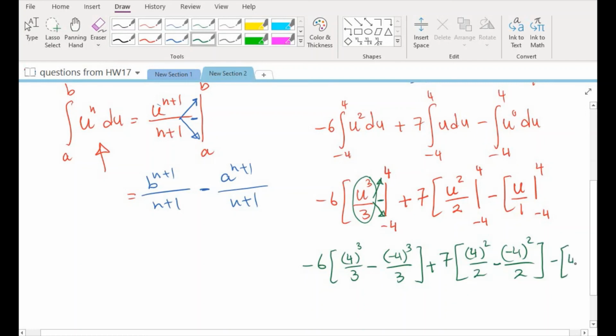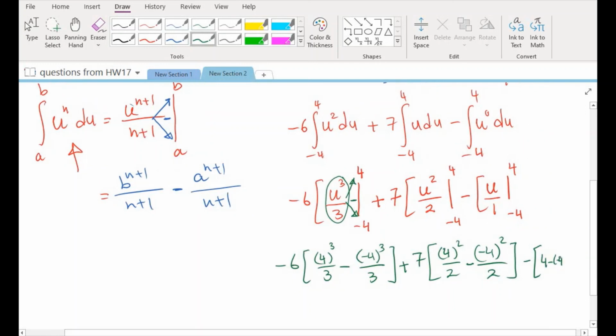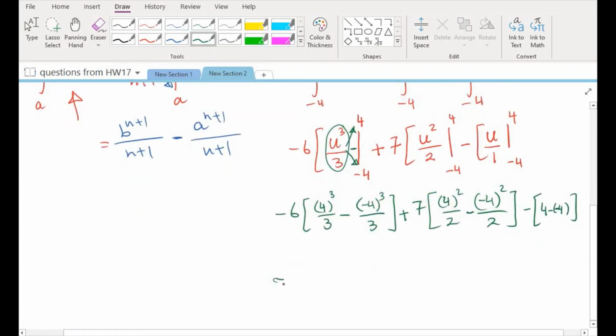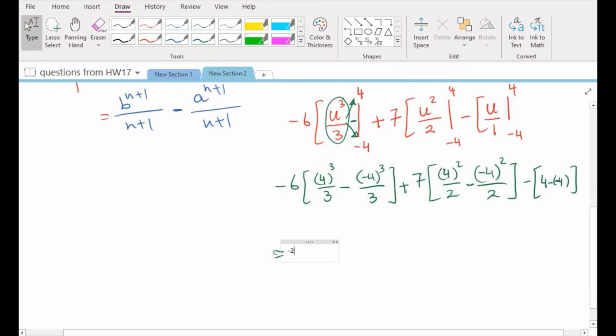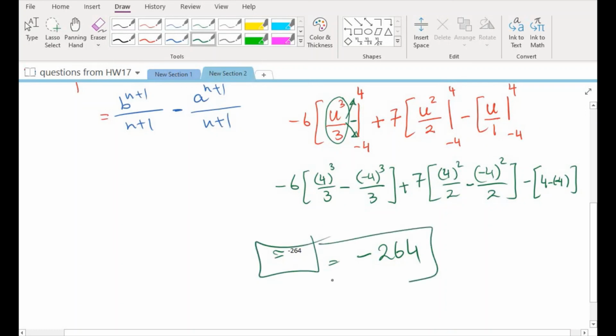So that will be 4 minus -4. And then you do the math, -264. So that is the final answer, -264. So the final answer will be equal to -264.